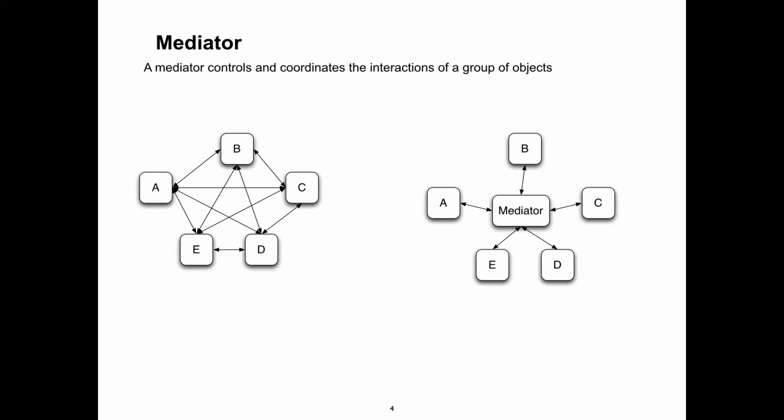Right. The goal on the observer pattern is to make the subject as less coupled to the observers as possible. Here the goal is to make all the constituents independent of each other. But now the mediator is highly coupled to that situation.